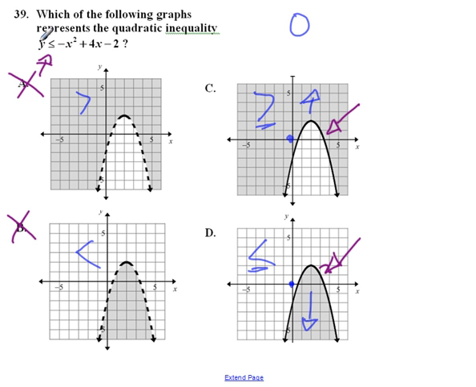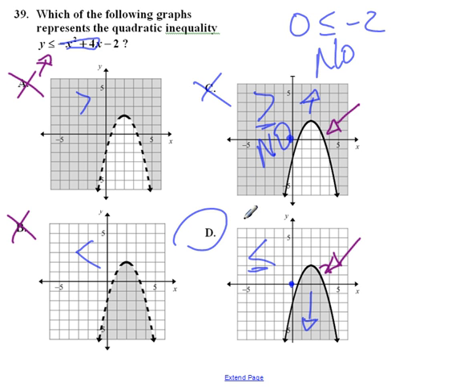Plugging in 0 for y and for our x's makes all of this go away. Is 0 less than or equal to negative 2? Is 0 less than negative 2? No. So do I want to shade right here where 0 is? No. That's why C is wrong, and we are choosing D, because 0, 0 does not work and therefore is not shaded down here in the bottom.